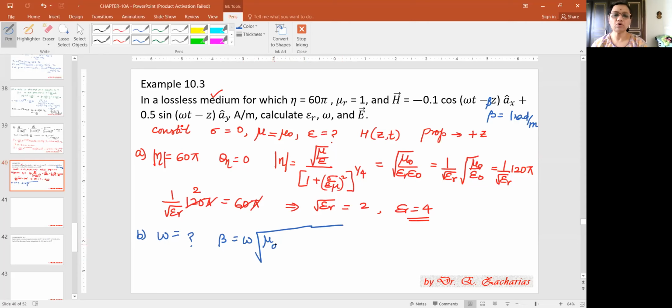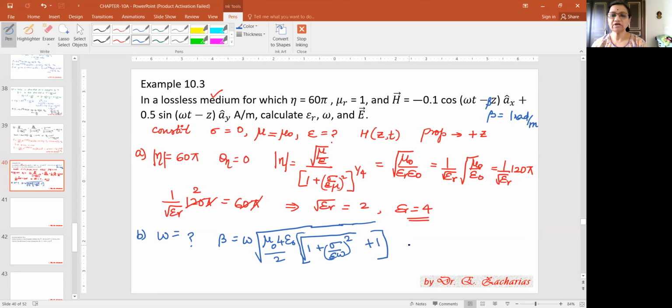So you can write mu naught into 4 epsilon naught, because already we found out epsilon. Then divided by 2, and then you have under root. And inside this under root, because you have a square bracket, you have 1 plus sigma by omega epsilon whole square, and then because it's a beta you will have a plus 1.